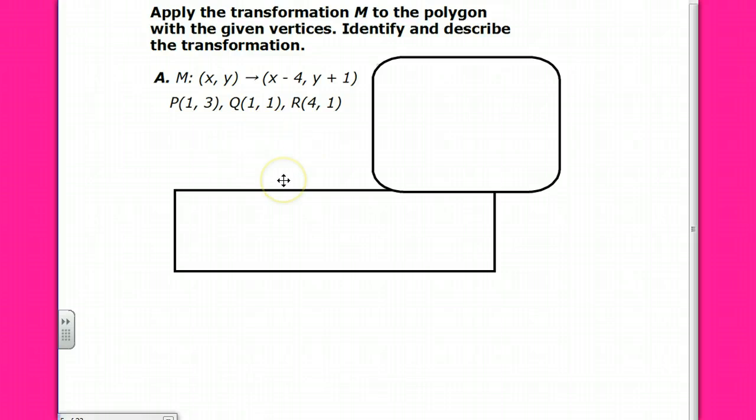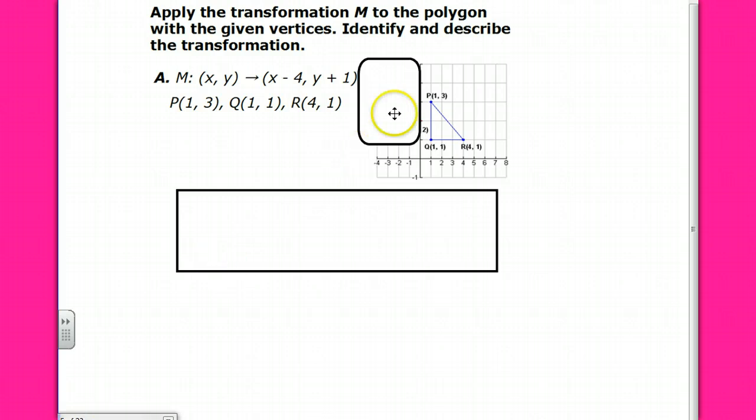And then you'll graph it. Okay, so let's look at this together. Okay, so jot a little coordinate plane and plot your little triangle, PQR. Now if we're going to apply this transformation, each coordinate now is going to change, right? So let's jot down the coordinates of our new transformed figure.